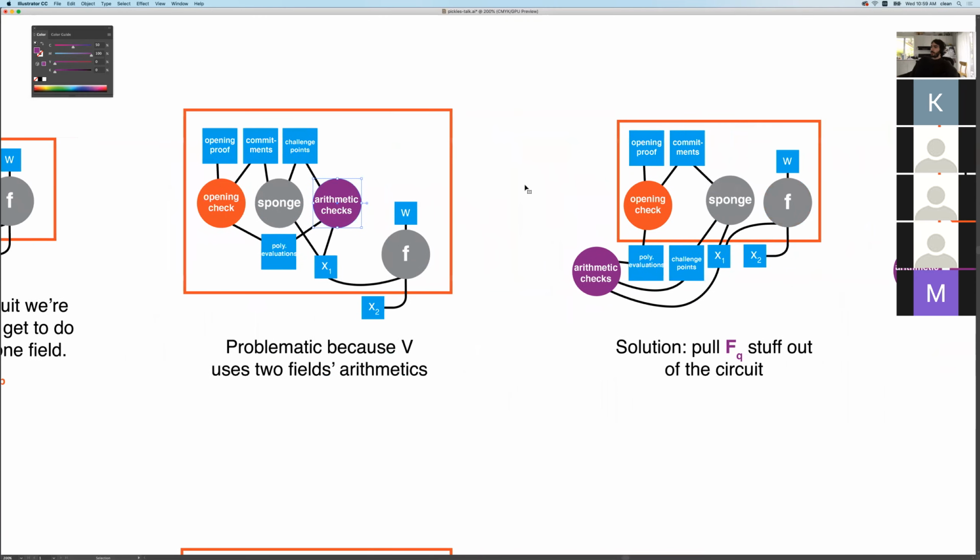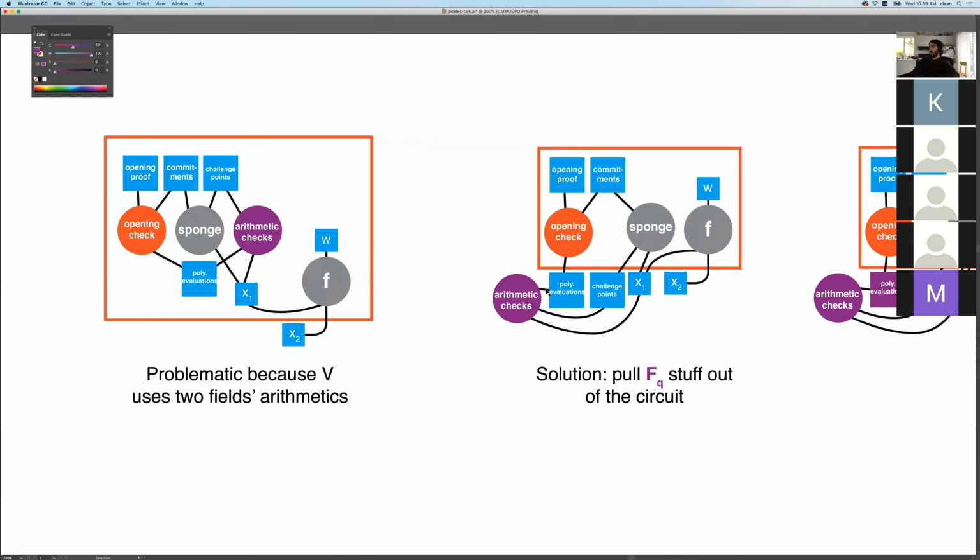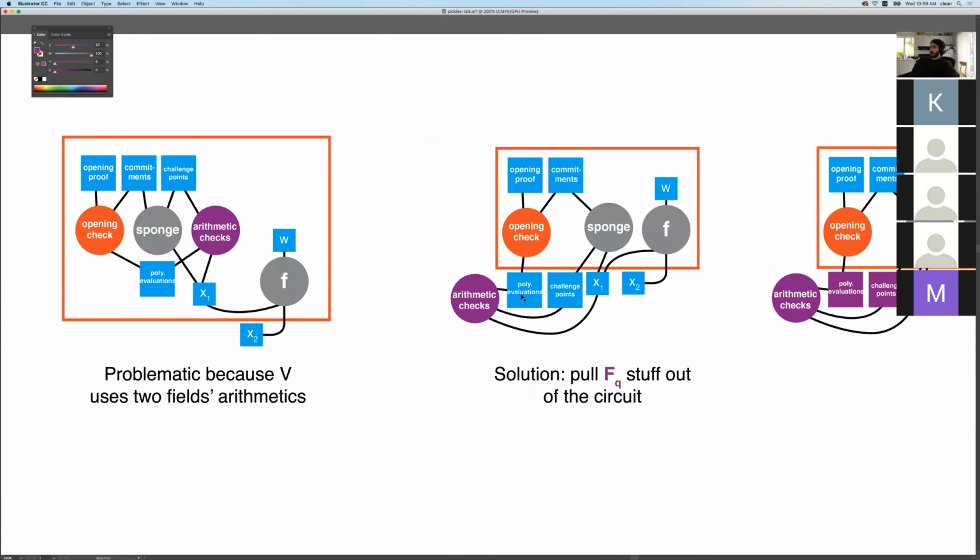So what do? We just pull the FQ stuff out of the circuit. So you see, I just took this circle and I dragged it outside of the circuit, and then all the stuff that it depended on, I also dragged outside of the circuit to be additional public inputs. Okay.